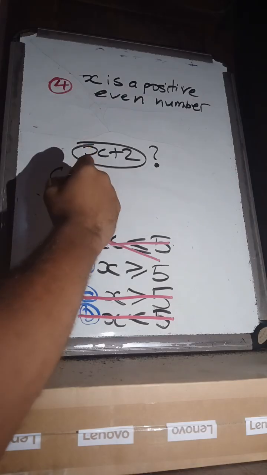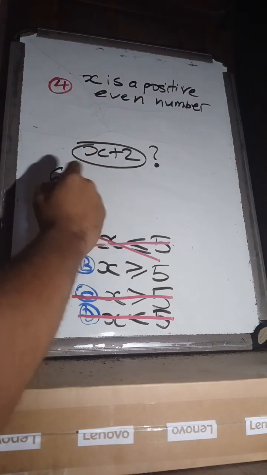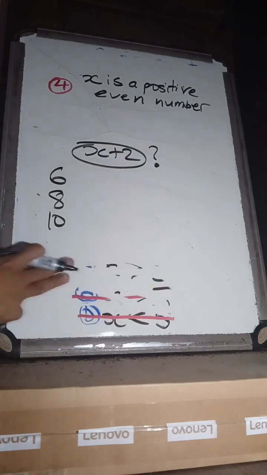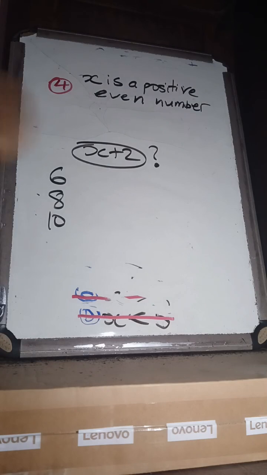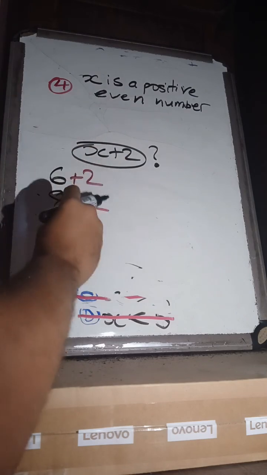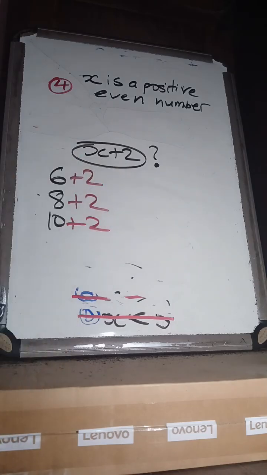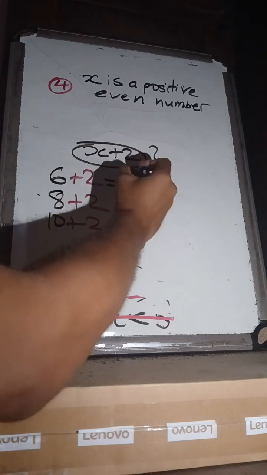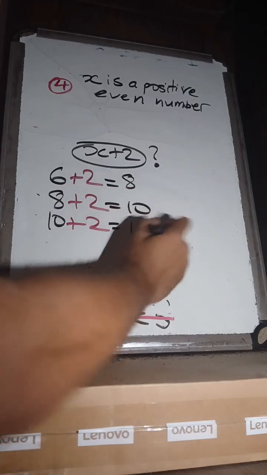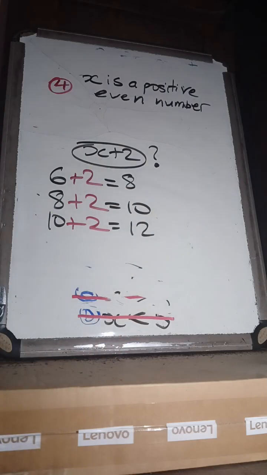If you have 6, 8, or 10, what happens to them when you add 2? You add 2, you add 2, you add 2. What happens to them? Well, it becomes the next number in the sequence. So all of the numbers end up being even, all the same, so it doesn't change.